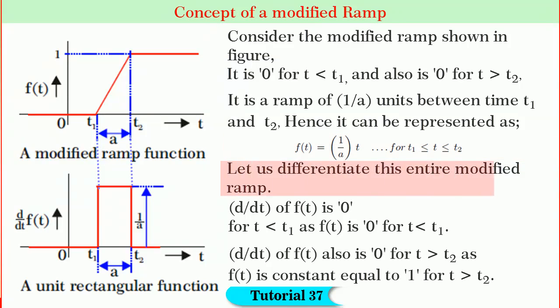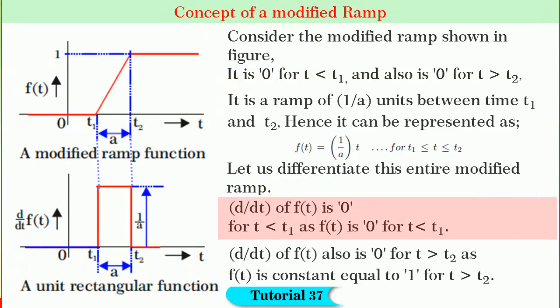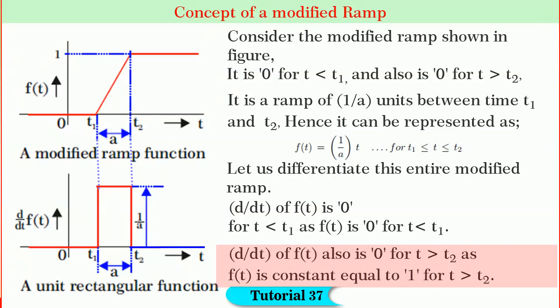Let us differentiate this modified ramp function. You observe that d by dt of f of t is 0 for t less than t1 as f of t itself is 0 during this interval. Also, d by dt of f of t is 0 for t greater than t2 as f of t is constant equal to 1 unit for t greater than t2.